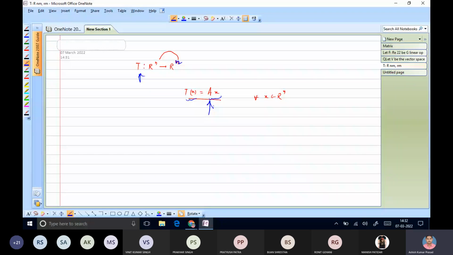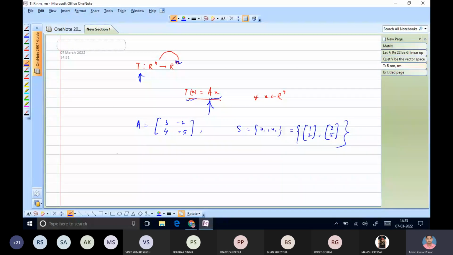So let us see how to find a matrix representation. First of all, let us take my matrix A as 3, minus 2, 4, minus 5, and the basis I will take as U1, U2, where U1 is given by 1, 2 and U2 is given by 2, 5. We are finding T image of x, so here we will find Ax.